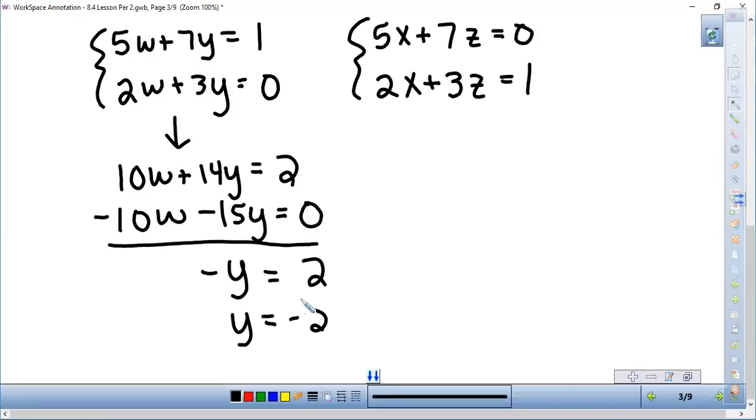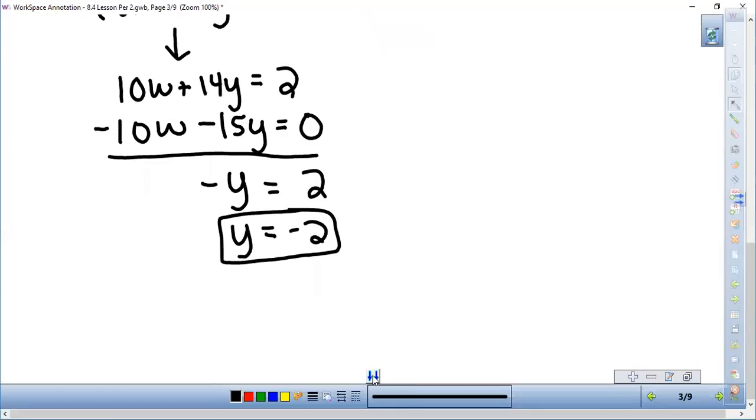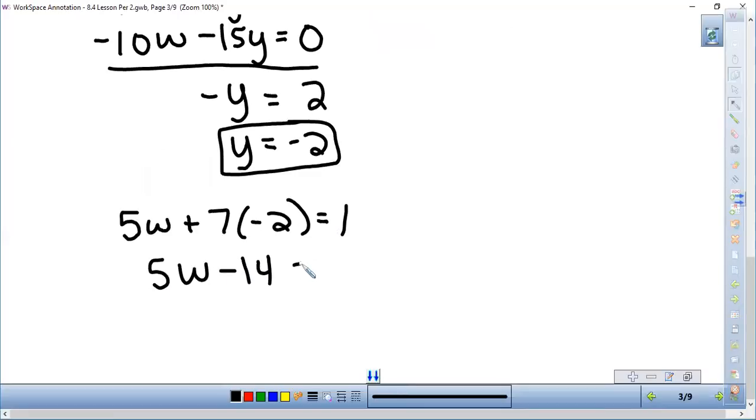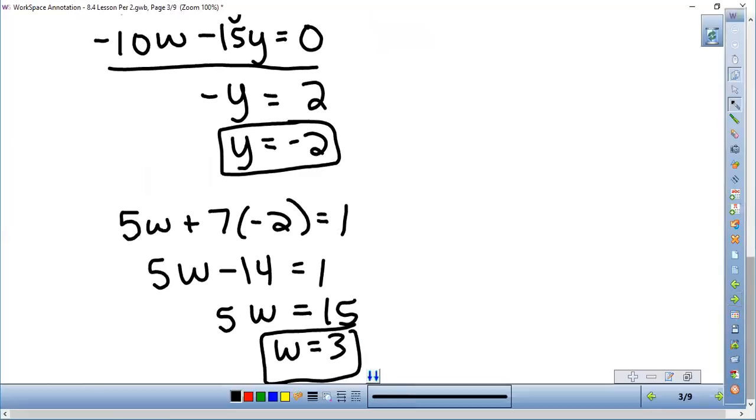So y would be -2. Let's go ahead and put a box around that. And we'll go ahead and plug that back in to one of those original equations to solve for w. I'm just going to plug it back into this one. And we end up getting that w is equal to 3.